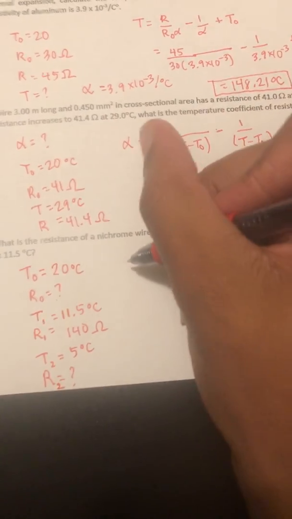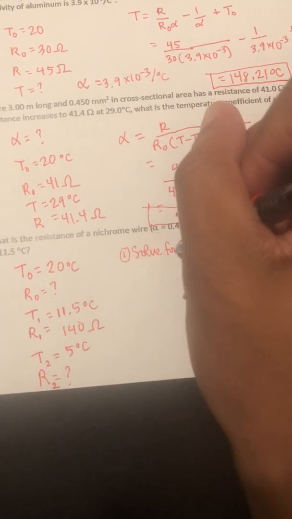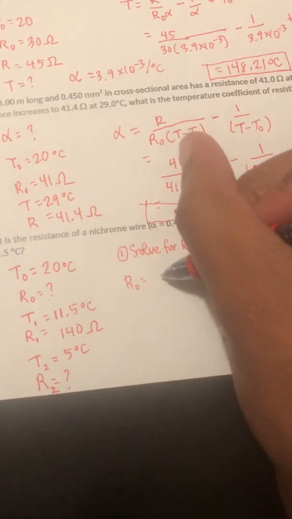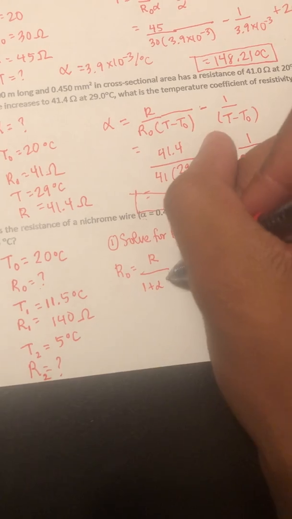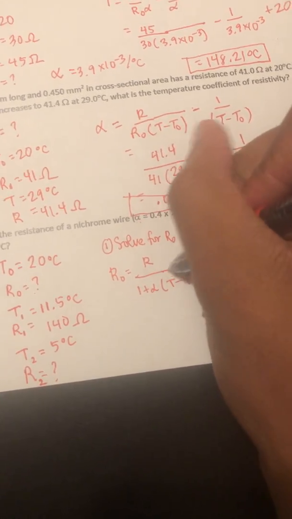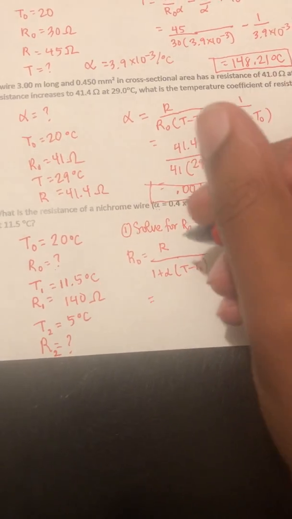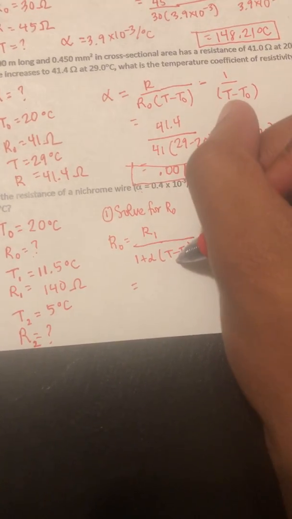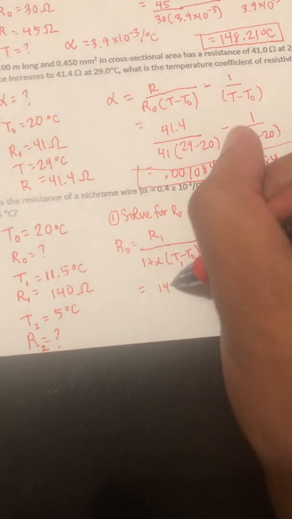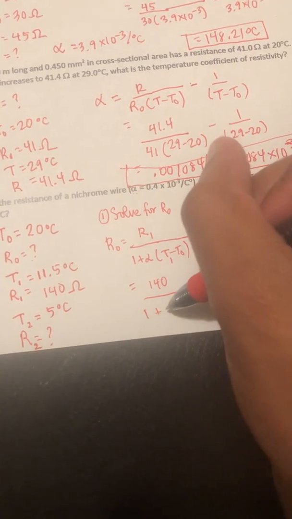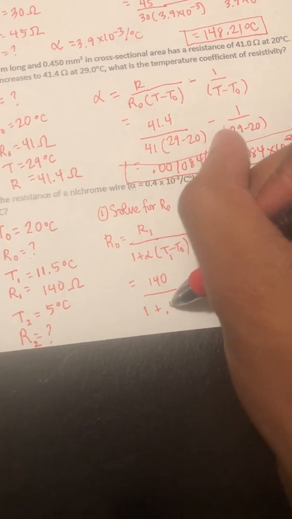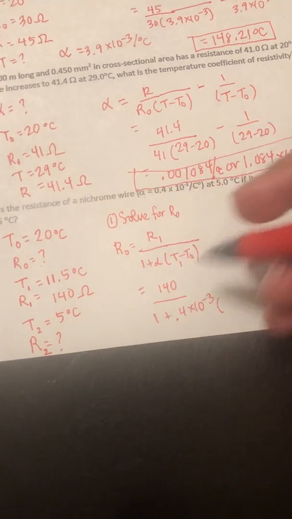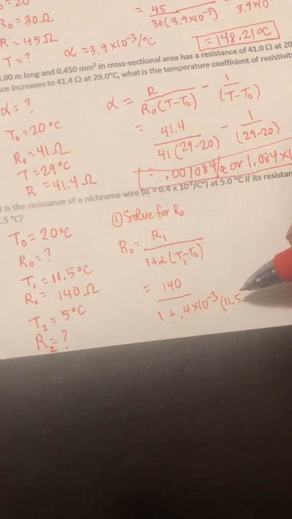So first thing first, I want to solve for R naught. And when I solve for R naught, I'm going to use the equation. Plugging in my numbers, for R and T, I'm going to use that pair that I got. So 140 divided by 1 plus alpha, and then T1 is 11.5 minus 20.